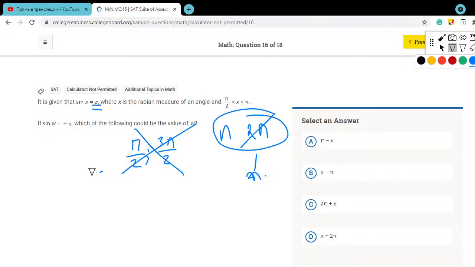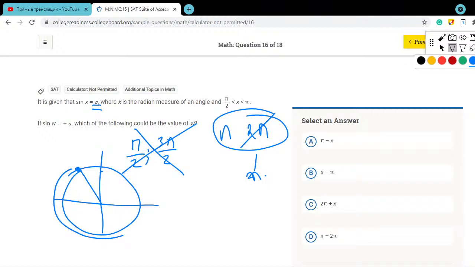So let's draw a circle. This is somewhere here, if you add 2pi, it's like you do like this. So it's again the same sign, again the same sign. So you probably add or subtract pi.